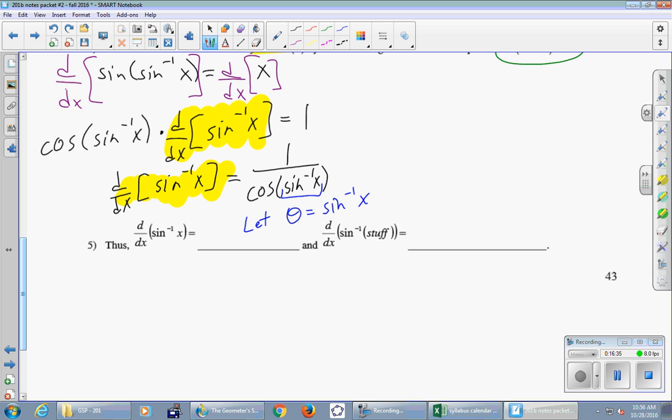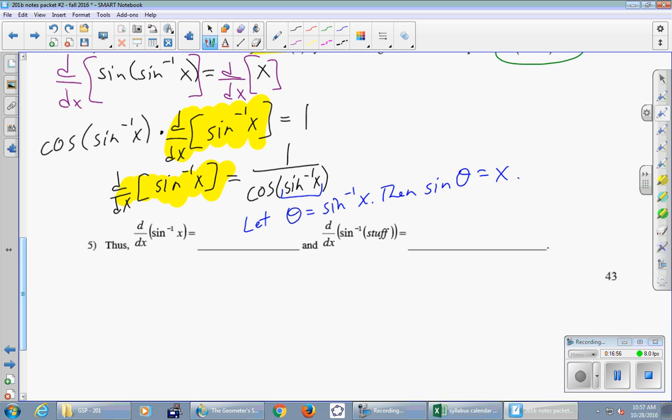So if theta is equal to inverse sine of x, then for sure sine of theta, moving it to the other side, is equal to what? Is equal to x, right? These two equations mean one and the same, right?